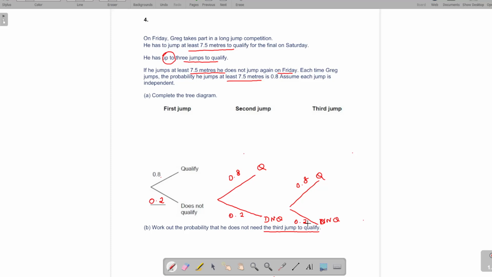So the question is asking you, work out the probability that he does not need the third jump to qualify. So in this here, he doesn't need to do the second one. And if you look at this branch and this branch, he doesn't need it. So these two, he doesn't have to have the third jump. So let's put it together.